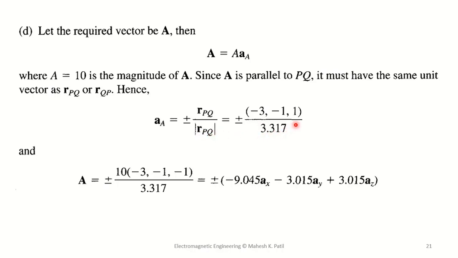If you do this calculation and multiply the answer by 10, you get the expected vector A, which is plus or minus (9.045 ax bar minus 3.015 ay bar plus 3.015 az bar). In this way you can calculate that parallel vector.